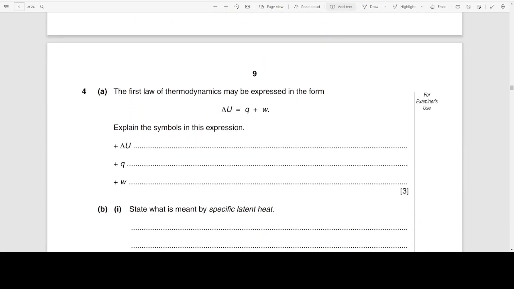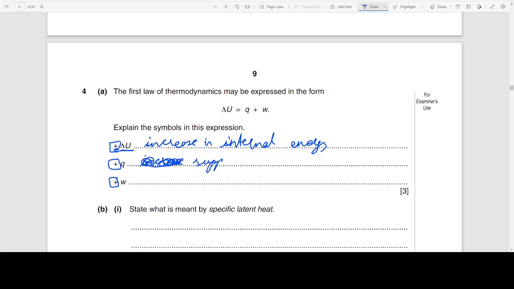Moving on. First law of thermodynamics. So it's positive delta U, positive Q and positive W. So delta U is the increase in internal energy. Plus Q is the supply of heat, because this heat is external, and plus W is the work done by the system.